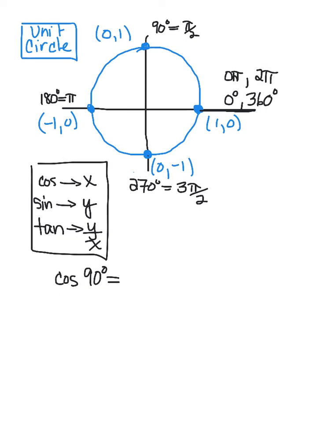So what I'm going to do is I'm going to say, well, Miss Carter's asking for cosine. She told us that cosine is the x value at 90 degrees. So you go up here, here's 90 degrees. Which one of these guys is the x value? And you should see that it's 0. So your answer is just simply 0.